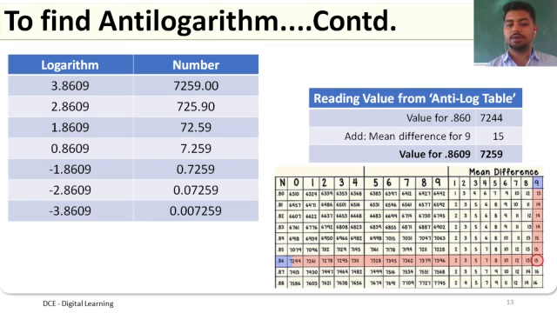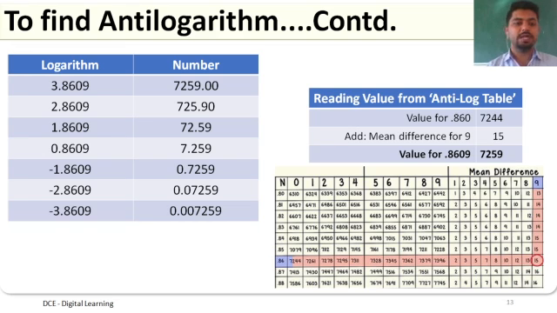So for 0.860, the value is 7244. To this add the mean difference for 9, 15. So the final result will be 7259. So for all these numbers, the antilog value from the antilog table will remain the same, which is 7259.